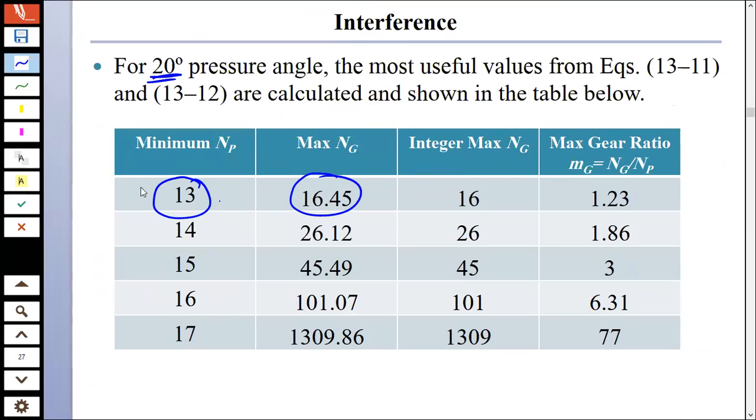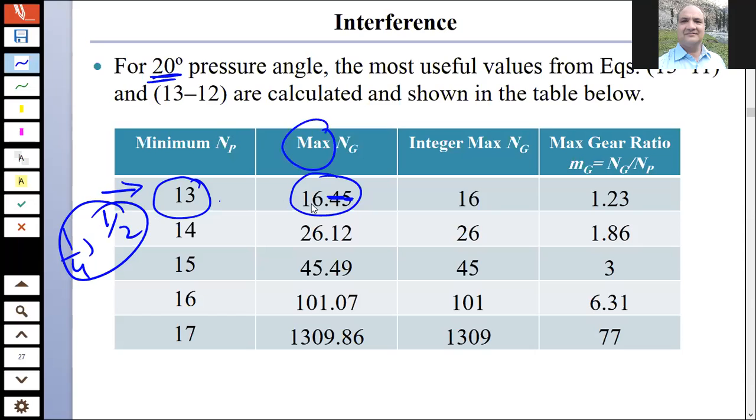See why? Because you have to make this an integer. You cannot have half a tooth or a quarter of a tooth or 0.75 of a tooth. So you have to round this figure. Since this is a maximum, you should not have more than 16 teeth on the gear where the pinion has 13 teeth.